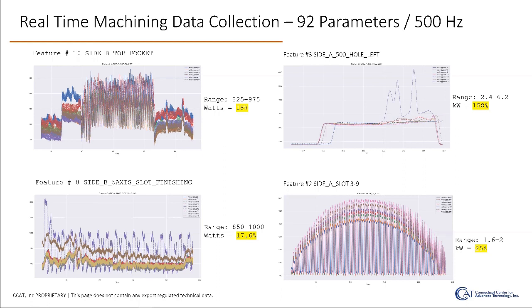The graph at the top right shows 158%. That's a bit much because this was a drilling operation, and there was some chip compacting on one of the parts, so you see the spikes go up in the graph. If we zoomed in on just a small area, it was about 19%. And then feature number 2, we're seeing 25%. So it's significant. It's not 1 or 2%. We're talking about above 15% variability.